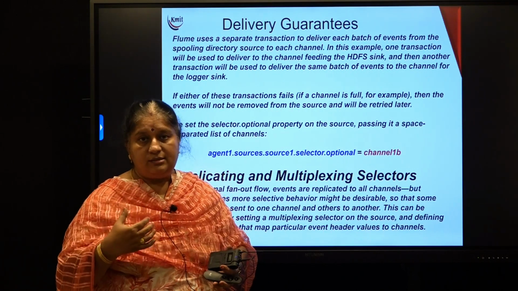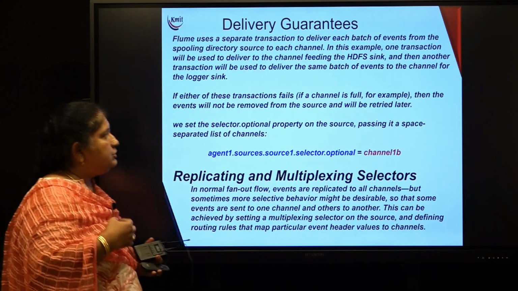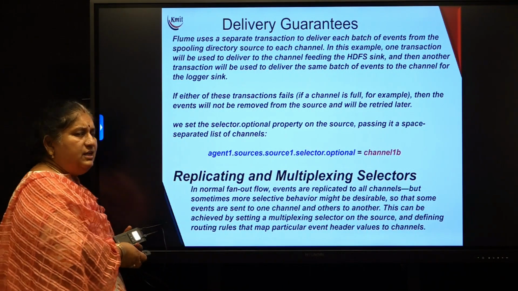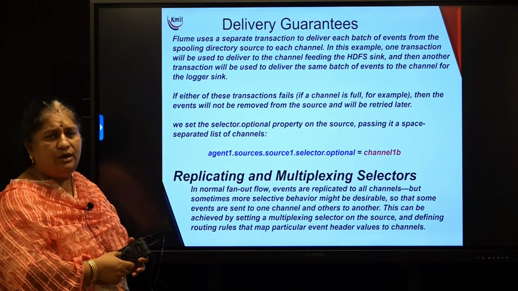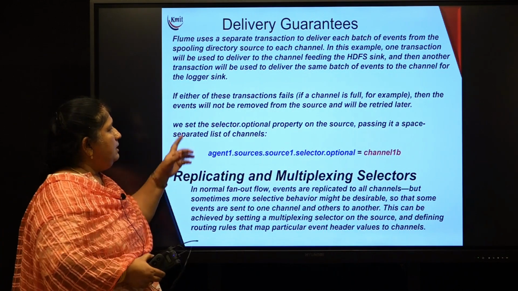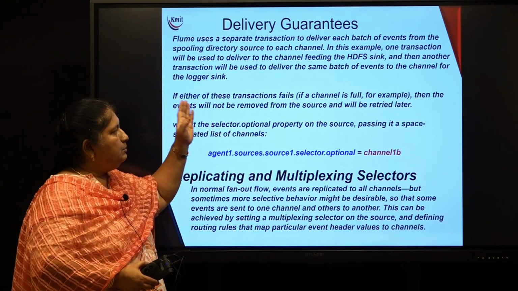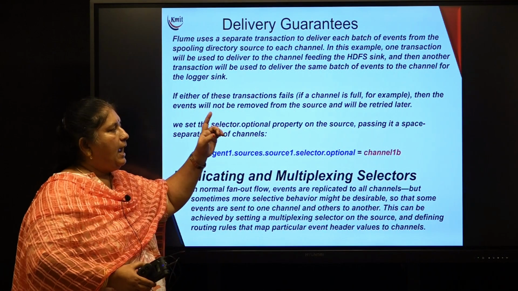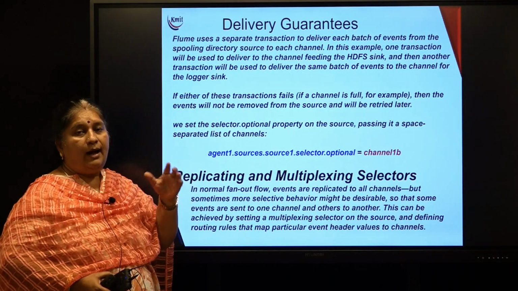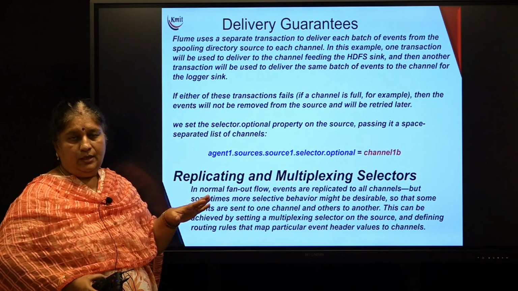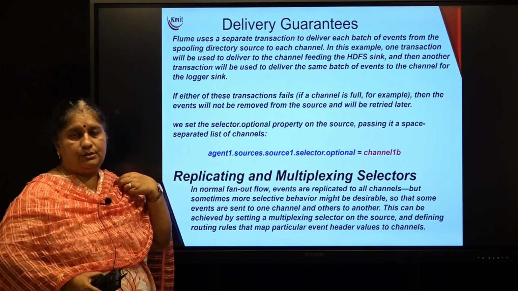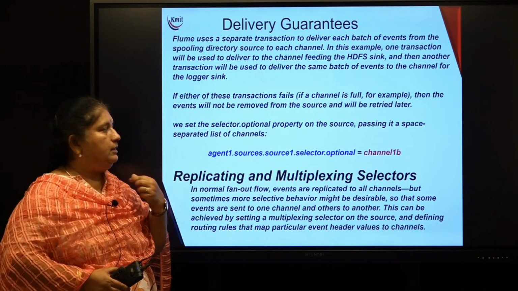In such cases, if the channel is full, the transaction fails. Failing means the source cannot pump more events into the channel. Then the event will not be removed from the source and it will be retried after some amount of time. The event will be kept at the source, to be transmitted to the channel.